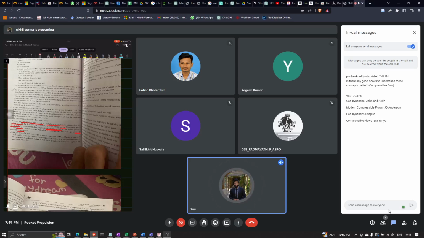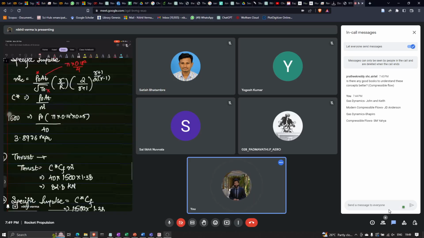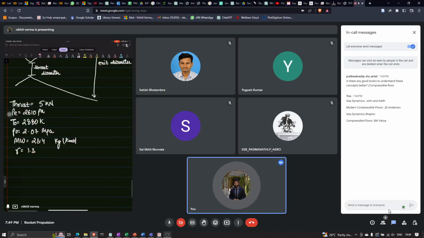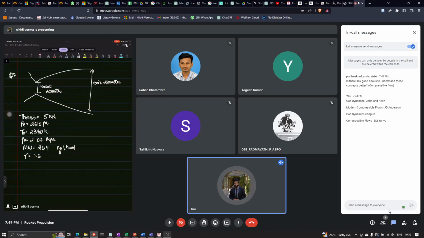R is not given, but the molecular weight is given as 23.4 kg per kilomole. Gamma is given as 1.3. So, any idea how we are going to tackle this problem?